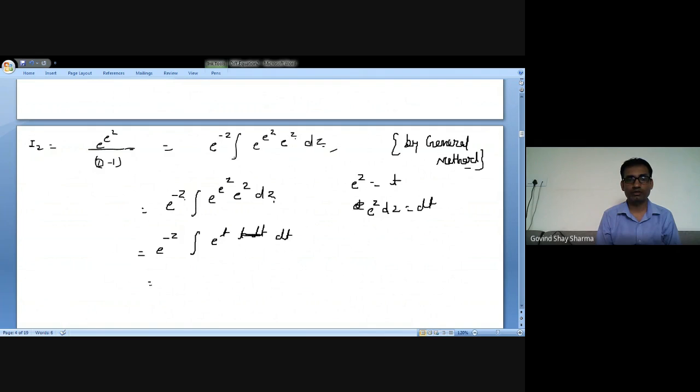So we get z e to power t is equal to e to power t. Put the value of t: e to power minus z times e to power z. This is equation number 8.